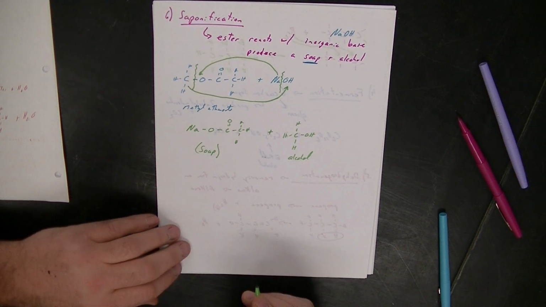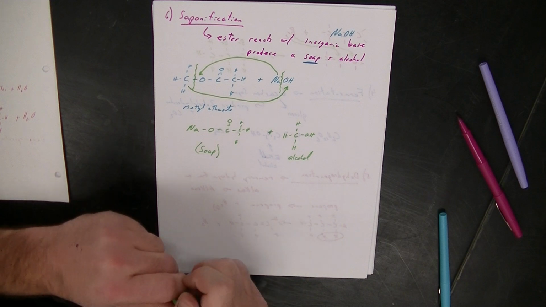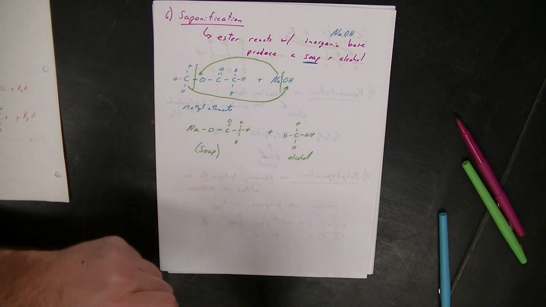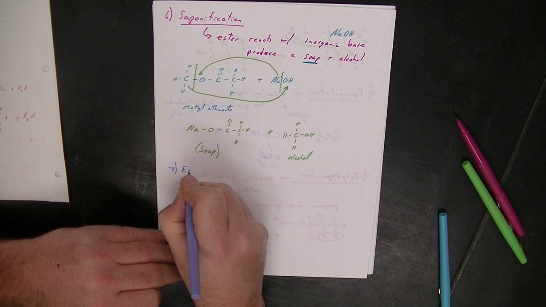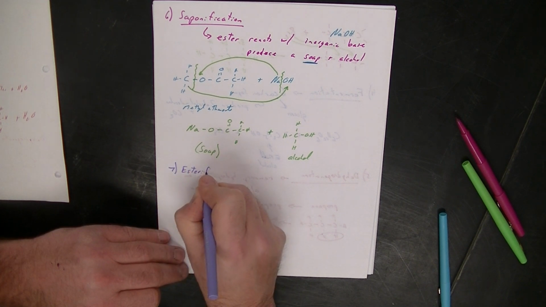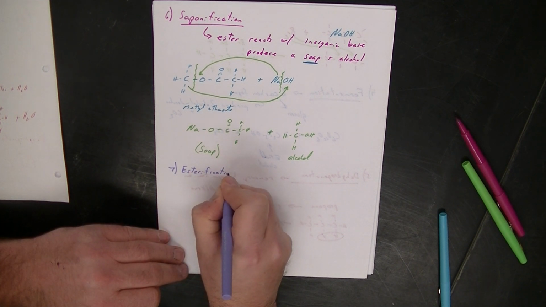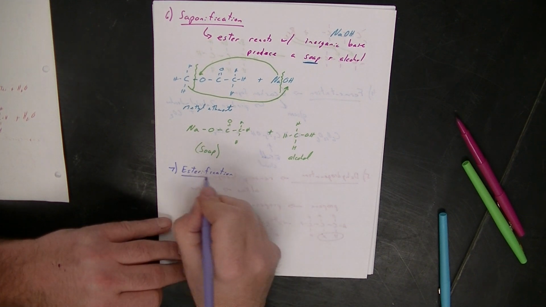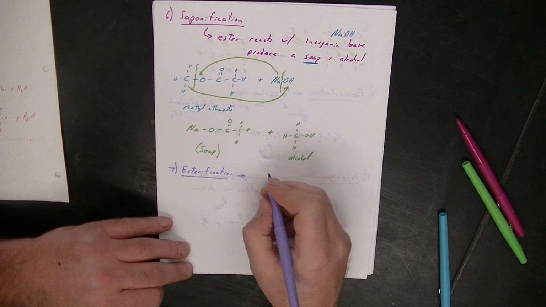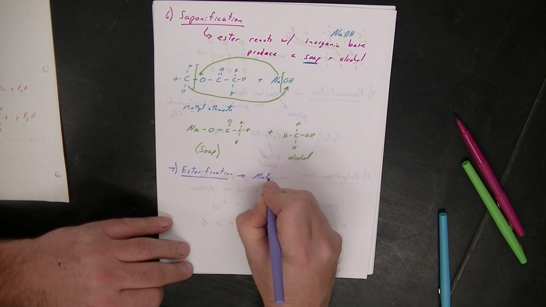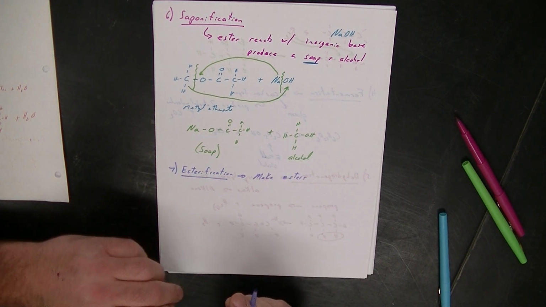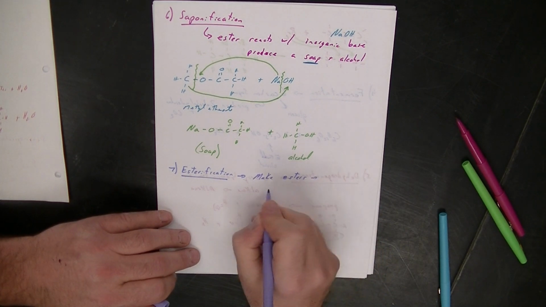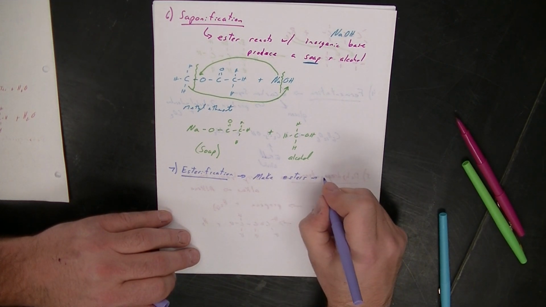Number 7 is called esterification. And esterification is how we make esters. Now remember, our esters are those fragrant aromas.